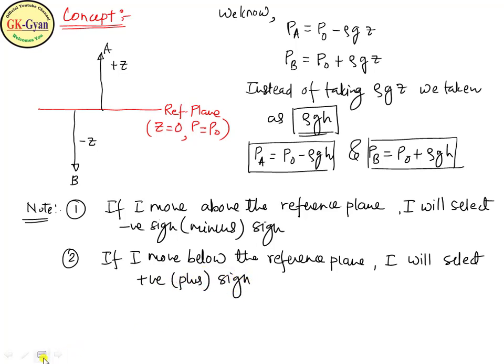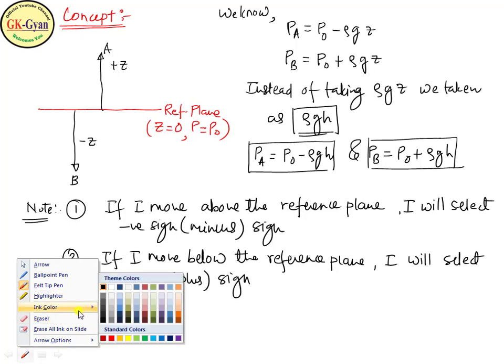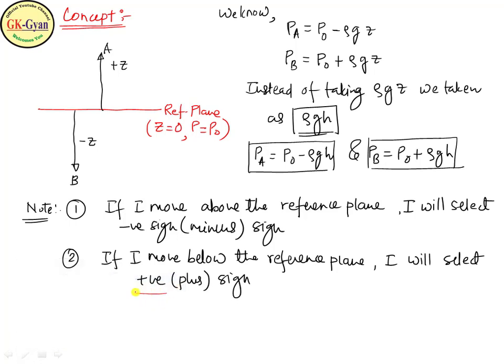This is important while solving the manometer numericals, the numericals which are based on manometers, where you have to find out the pressure. So these two concepts are important. If you are moving above the reference plane, I will select the negative sign, that is minus rho GH. We have seen it. And if I move below the reference plane, I will use the positive sign, it is plus rho GH. Okay.